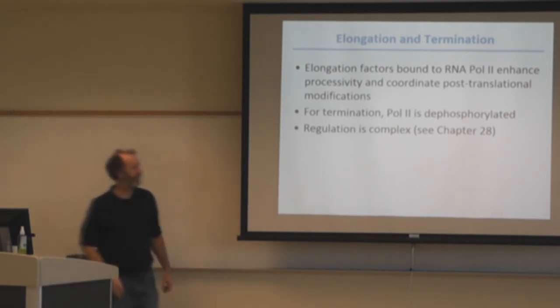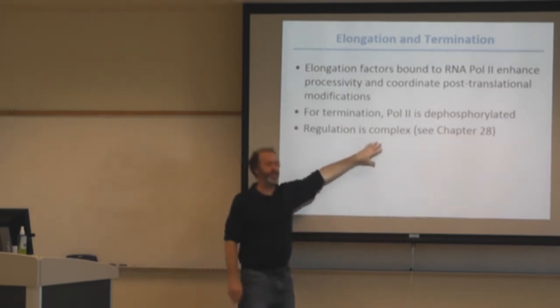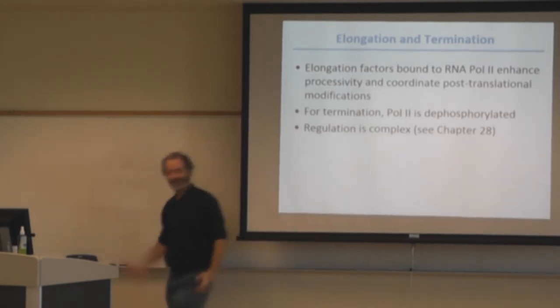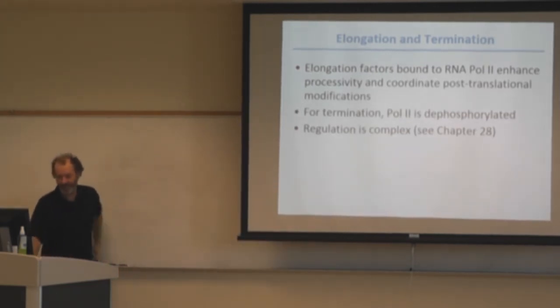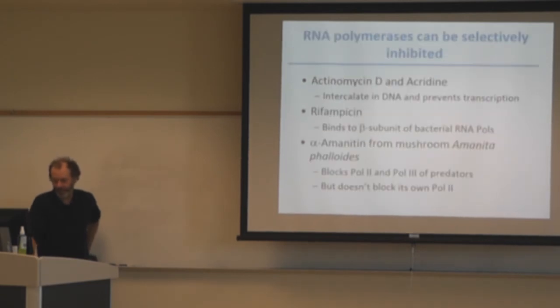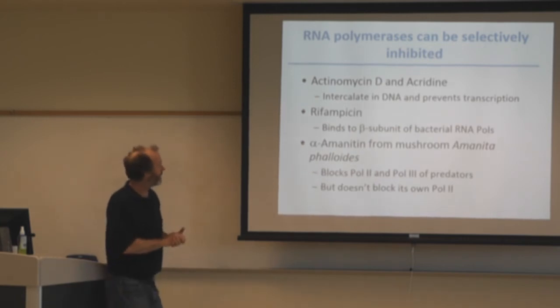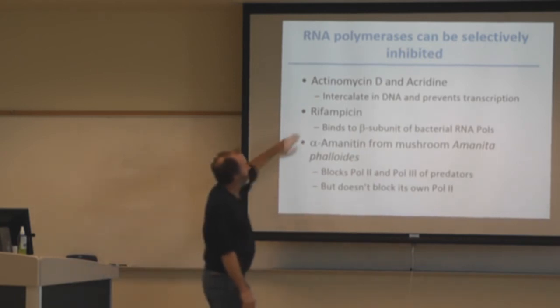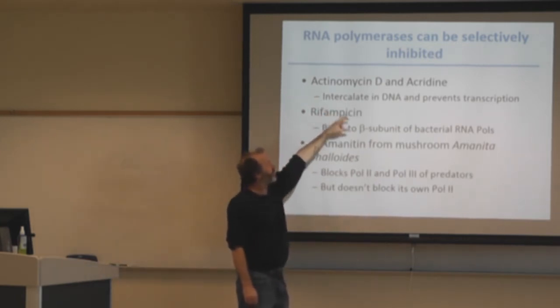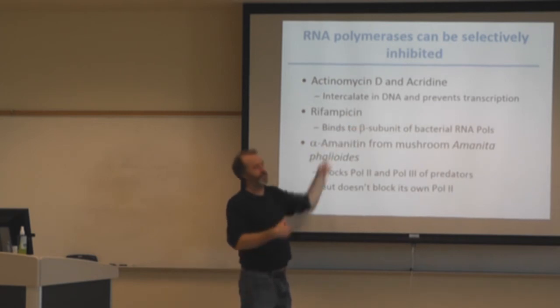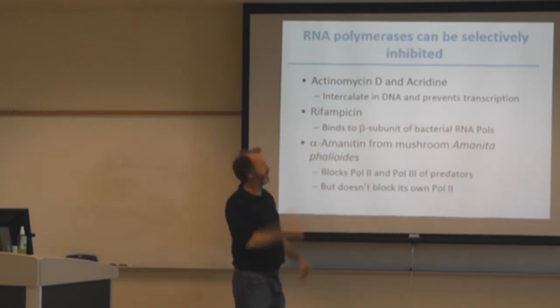Regulation is really complex, and we'll see that in chapter 28 where we'll talk about regulation of gene expression. RNA polymerase can be selectively inhibited, so actinomycin and acridine intercalate in the DNA and prevent transcription. So things we don't want to take.